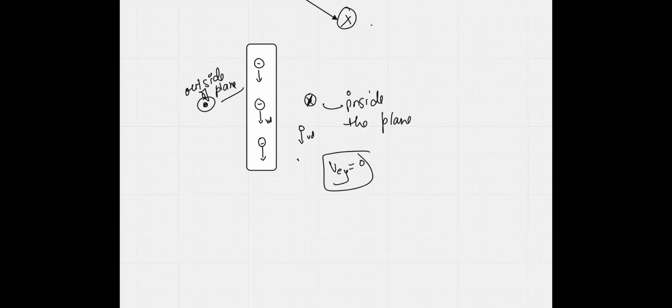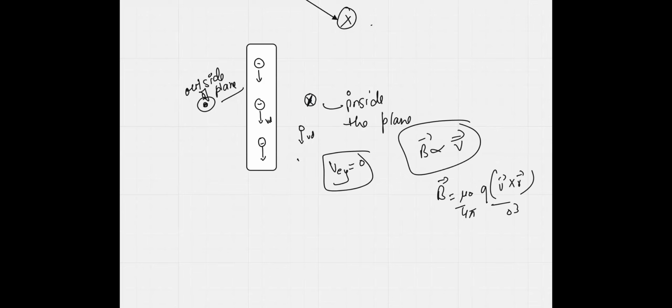But for the magnetic field, it depends upon velocity, right? Because B is equal to mu naught by 4 pi times Q times v cross r. In simplification, we can remove the vector form right now and simply say some K, I'm calling this K, Q v r by r cubed. So here, because the velocity becomes zero, what do you think?